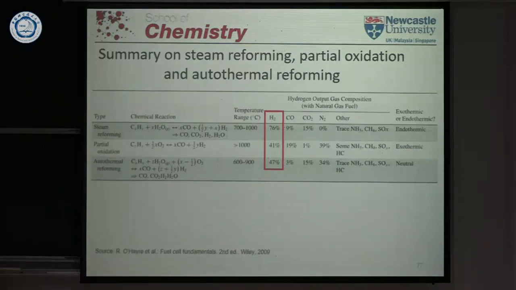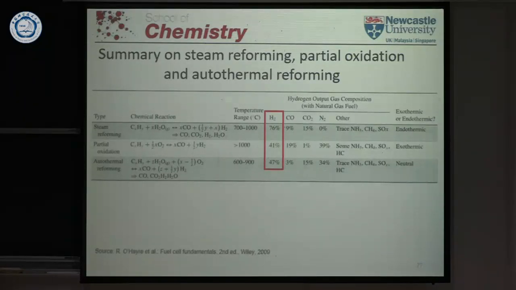So let's summarize what we have discussed regarding hydrogen generation. We have these three processes: steam reforming, partial oxidation, and autothermal reforming. All three are being used in industry in various applications for hydrogen, depending on the circumstances.